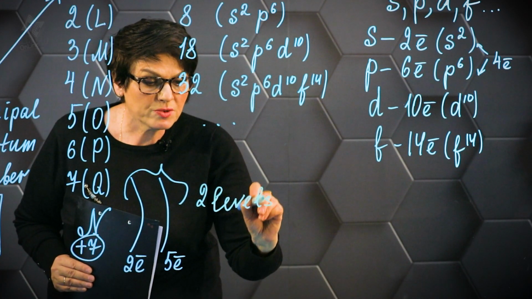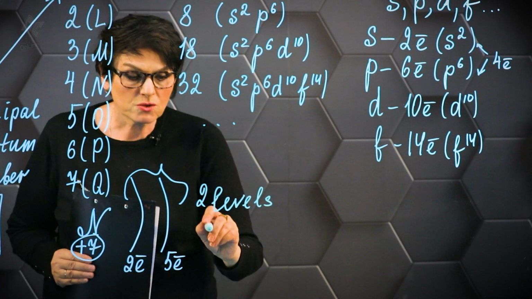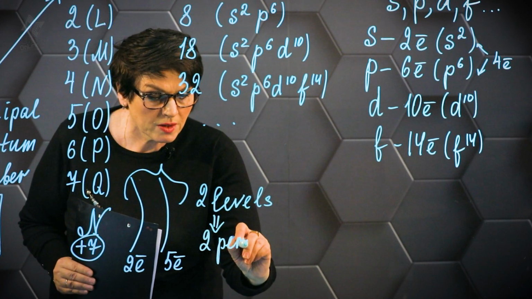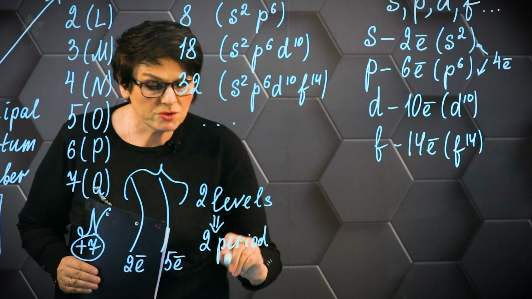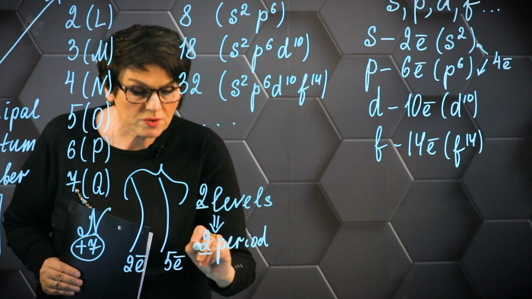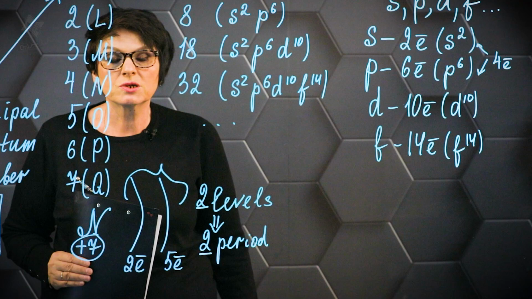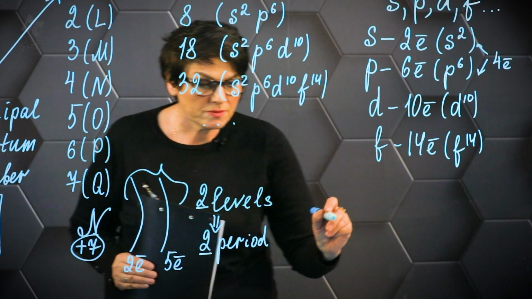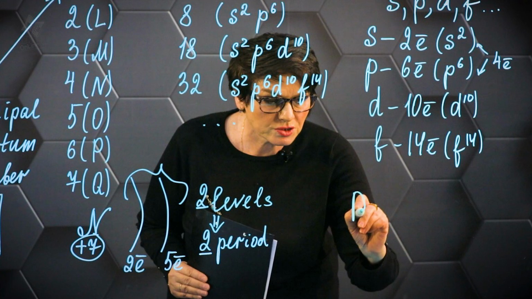And let's see that we have nitrogen in the second period. So the number of levels coincides in this case with the period number, but maybe it's only nitrogen that has this pattern. Let's take the element phosphorus.